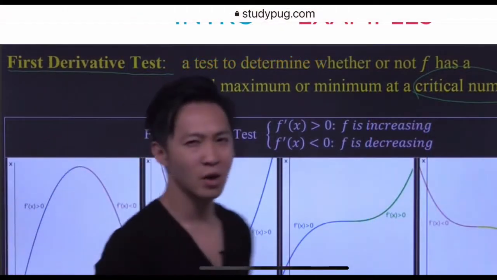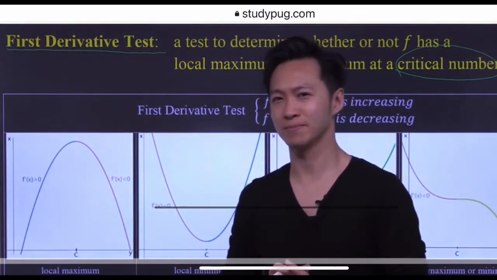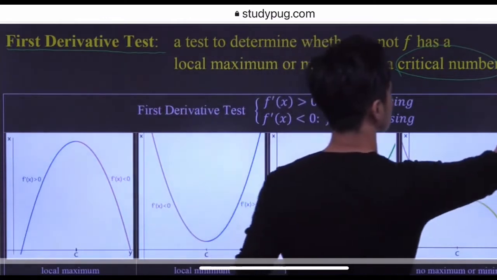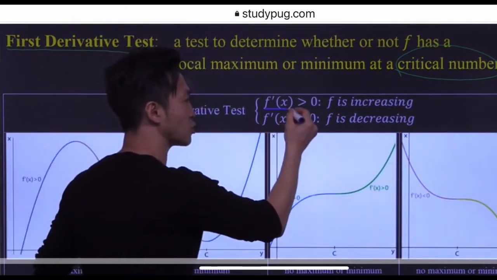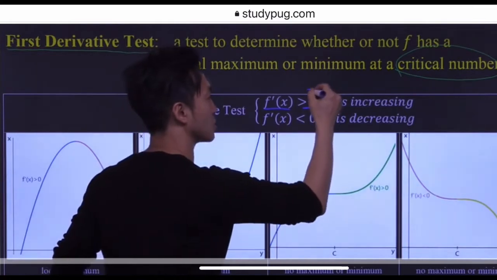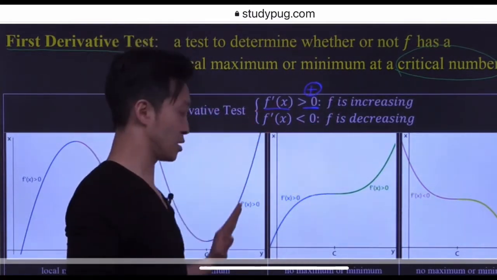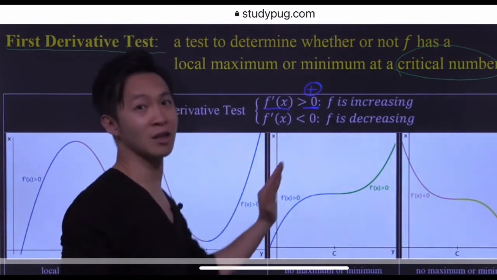Okay, now, what does the first derivative of a function tell us? Well, if the first derivative of the function is greater than 0, it's positive. So if the slope of the tangent line is positive, then we know the function is what?